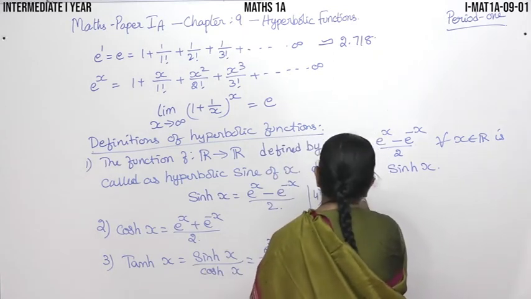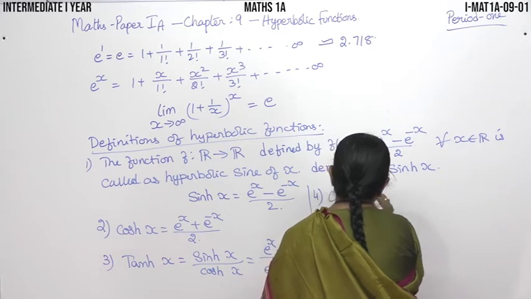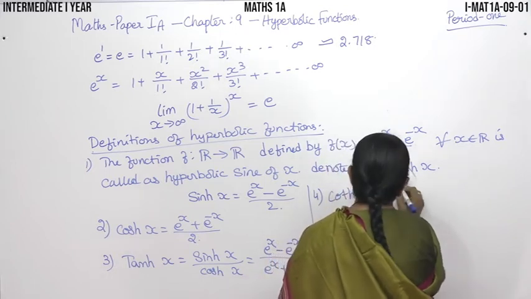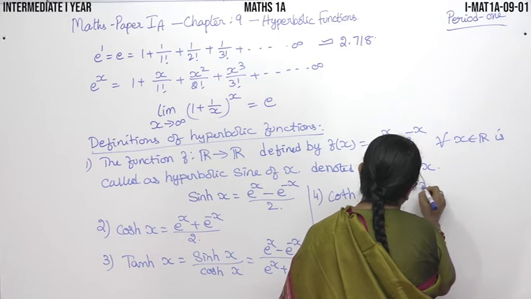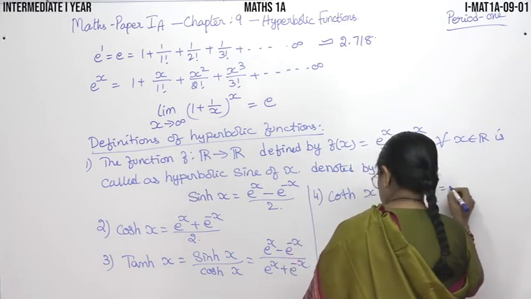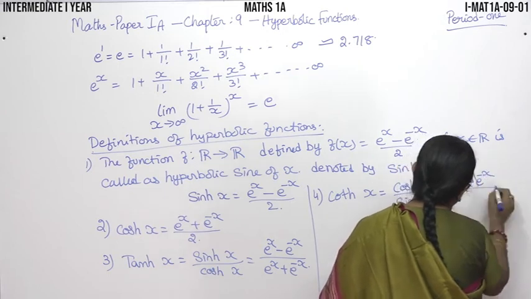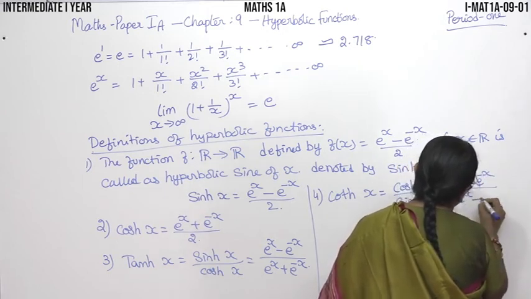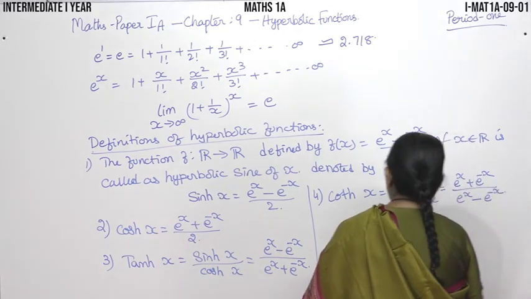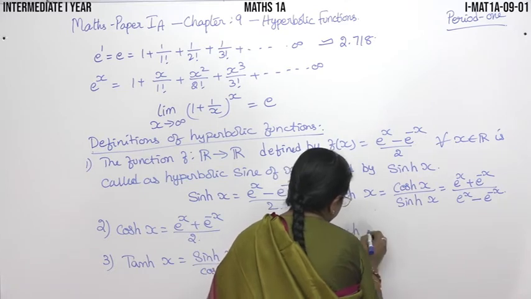Next, fourth one, cot hx. Cot hx is equal to cos hx by sin hx. So that is (e^x plus e^-x) by (e^x minus e^-x). The 2 will get cancelled. Next is secant hx.